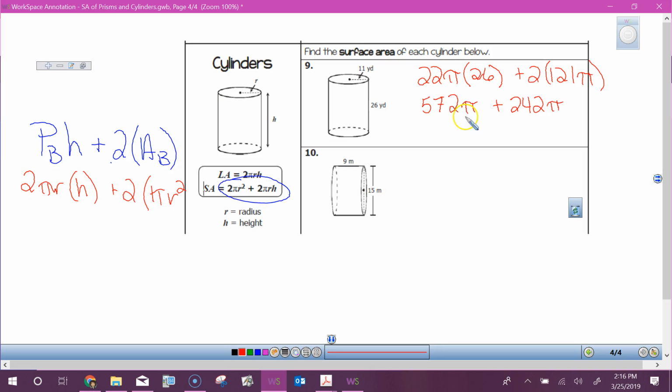Now add your coefficients. We get 814 pi yards squared.